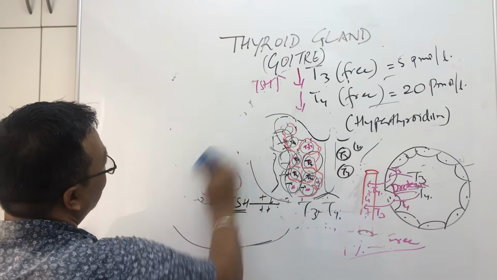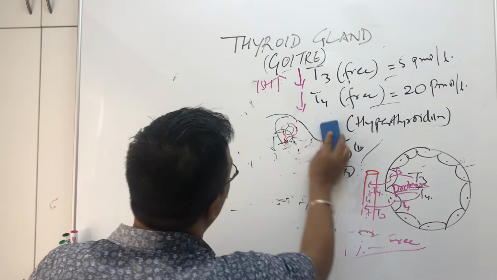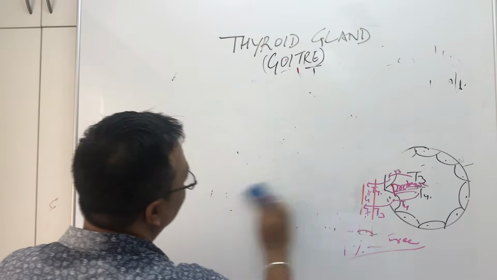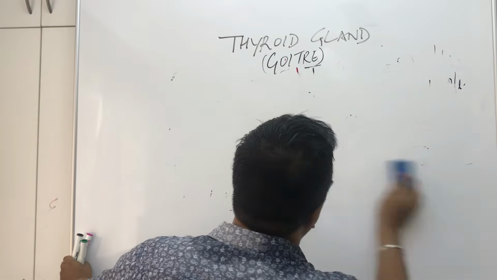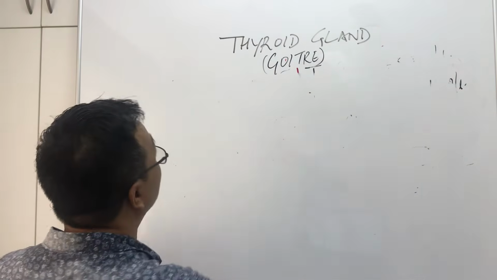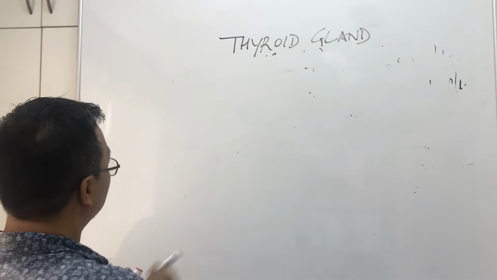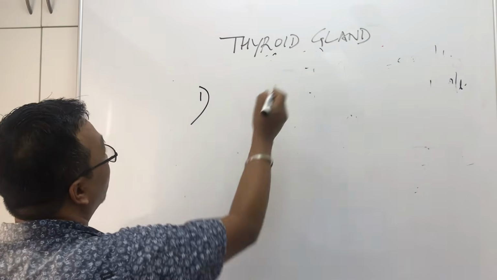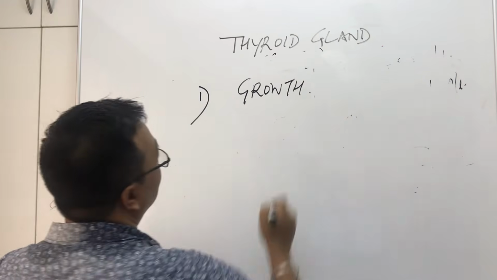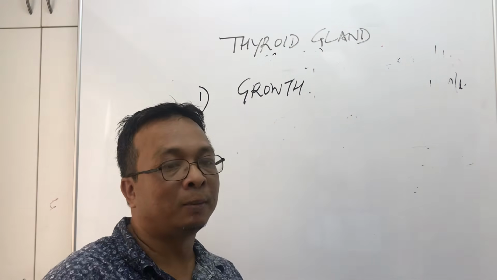Now let's try to understand what hypo and hyperthyroidism are. Before that, you must understand the functions of the thyroid gland. Number one, thyroid hormones influence growth, skeletal growth, the bone grows.